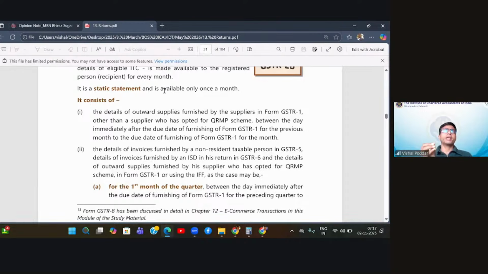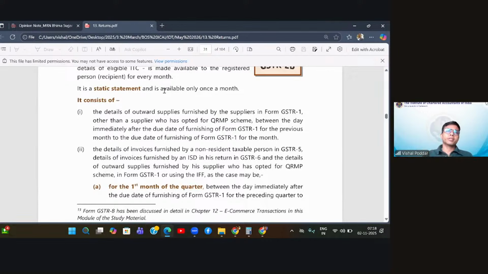So whatever ISD has filed the returns up to 13th of November 2025, that will be appearing in the recipient's 2B in the month of October. If the ISD files a return even a few minutes after the close of the 13th day of November, up to the next due date, which will be 13th of December, those ITCs will be appearing in the recipient's 2B in the month of November.